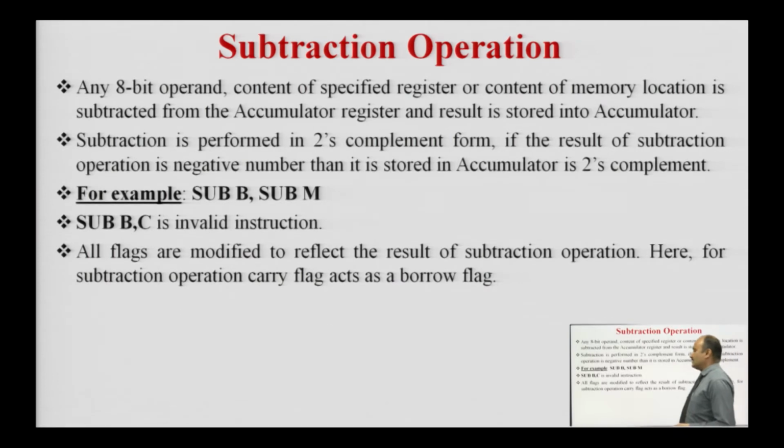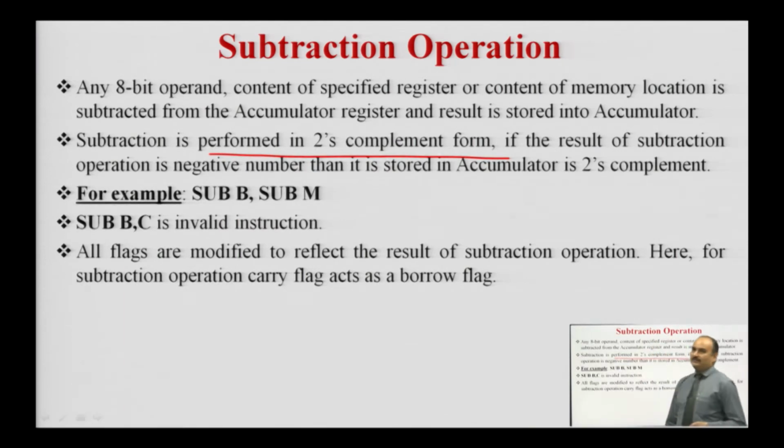So, during the subtraction operation, the microprocessor will subtract the content of the specified register or memory location, or the 8-bit data which is specified with the instruction immediately, from the content of the accumulator and store the result of the operation into the accumulator. Remember that this subtraction is performed in 2's complement form.